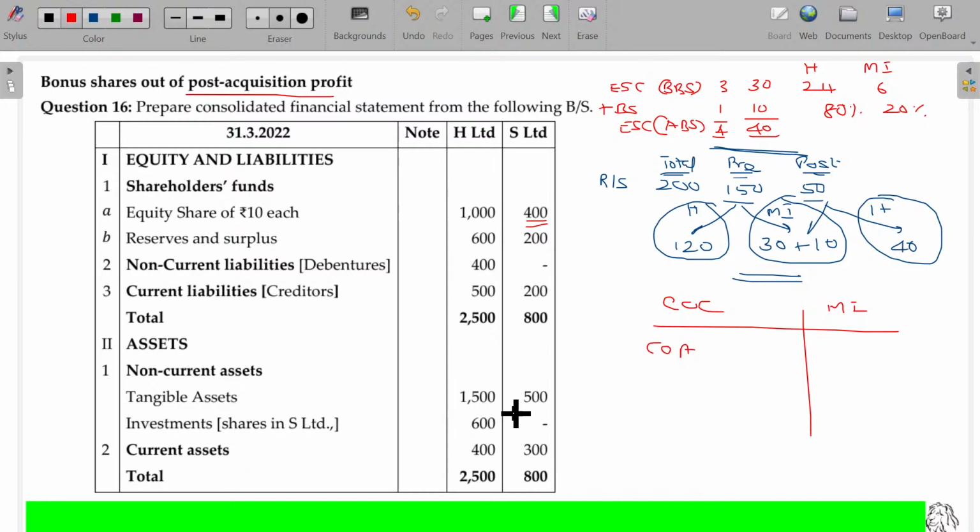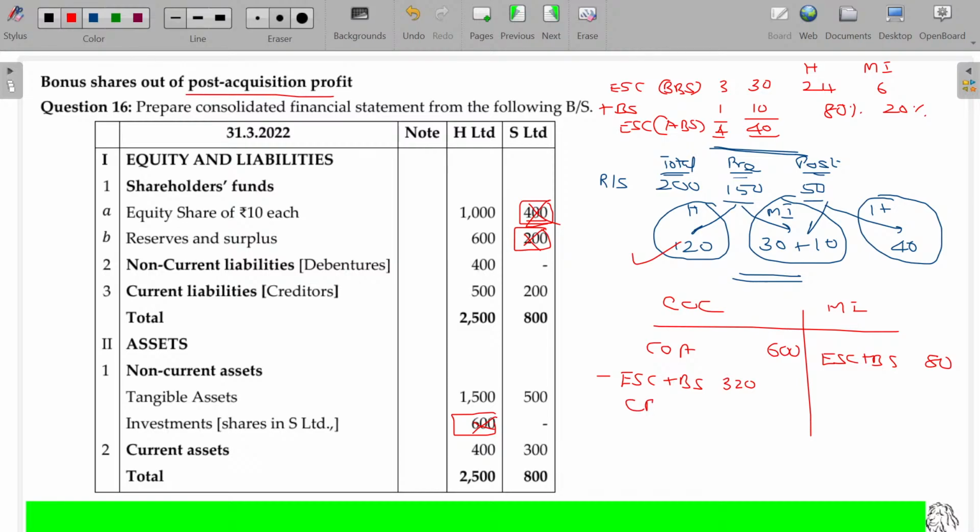Cost of acquisition of shares being 600. This 200 also taken. Minus net worth, equity share capital including bonus share. This 400 is inclusive of bonus share. So out of 400 rupees, 80% is held by H company, 320. Balance is held by the minority interest. So equity share capital along with the bonus share for the minority interest being 80.